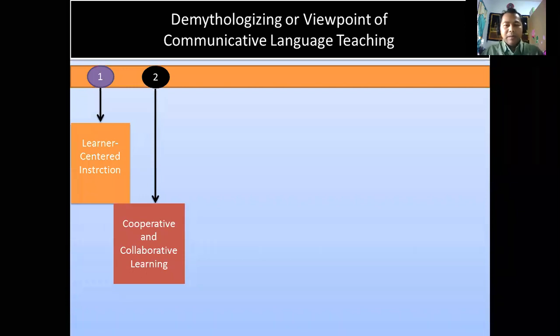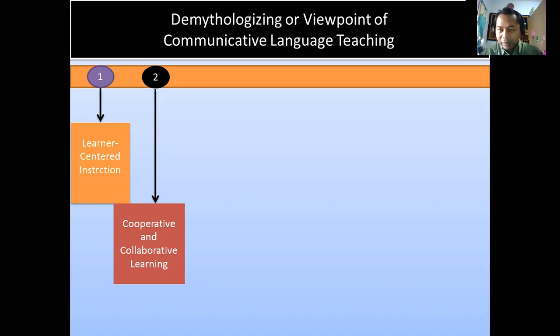One of the implementations is using cooperative and collaborative learning to accommodate characteristic number 5. What is characteristic number 5 of CLT? That is autonomous learners. To implement the autonomous learner, the classroom activity should be learner-centered instruction. And one of the applications of learner-centered instruction in the classrooms is that the teacher may have cooperative and collaborative learning.